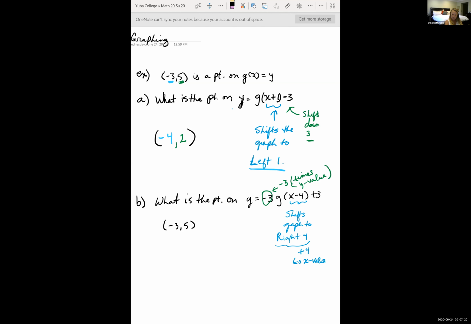And this +3 is also affecting the y value. That +3, it's shifting it up 3, so we're adding 3 to our y value.